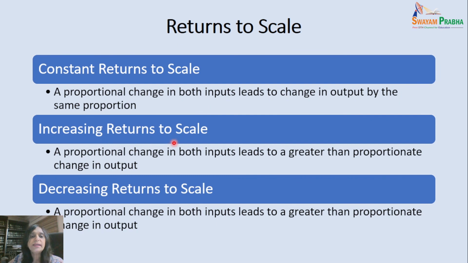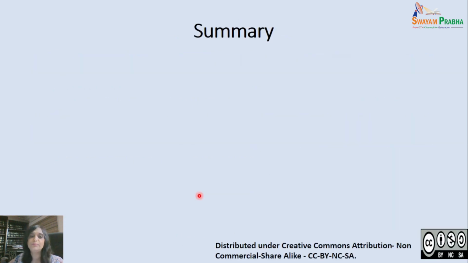Increasing returns to scale, you are changing inputs by 10%, but we see a greater proportionate change in the output. Change input by 10%, output changes by 12%. So change in output is proportionately more than the change in inputs. Decreasing returns to scale, your output changes less than the change in inputs.